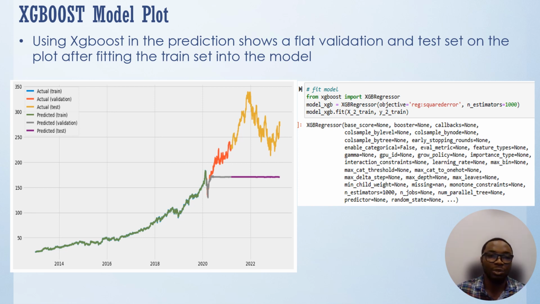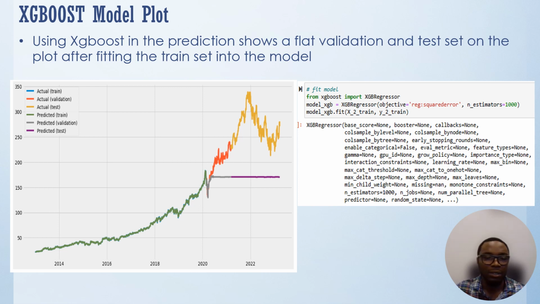So going to XGBoost, I worked on this and I discovered that after fitting the training data to the model, it all came out flat. And after reading and doing some research, I discovered that a tree-based model would not really work for time series.